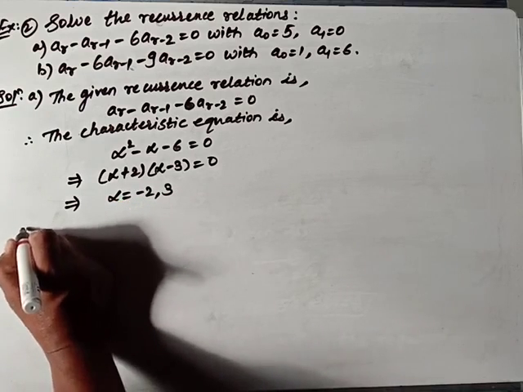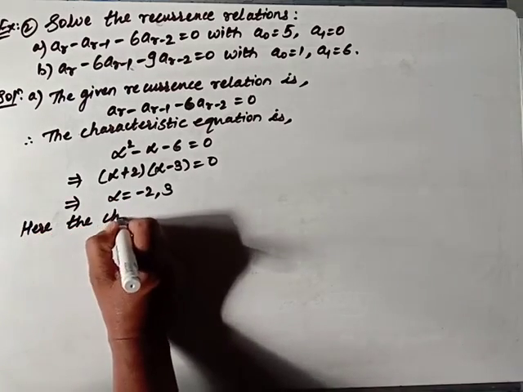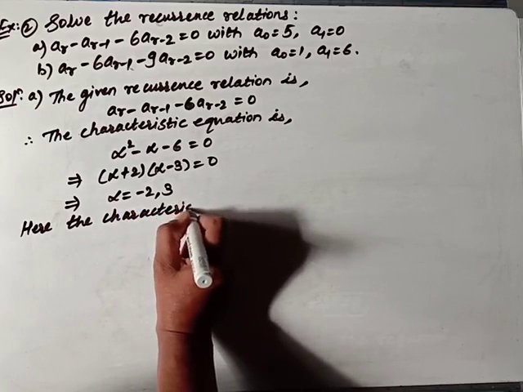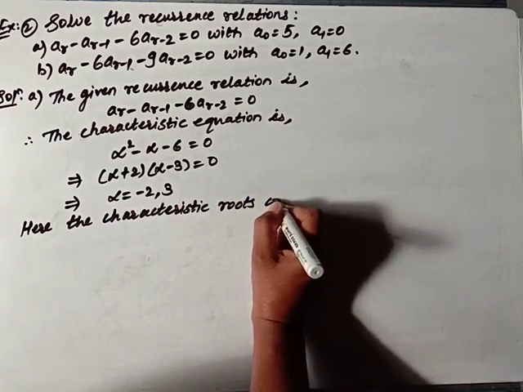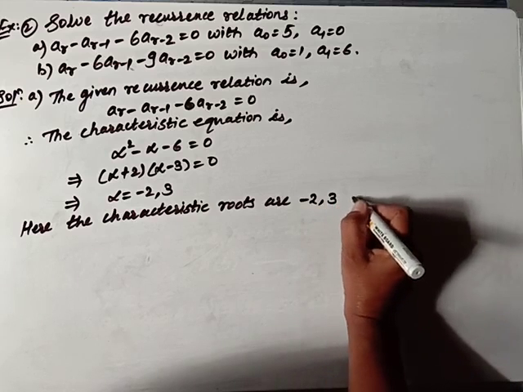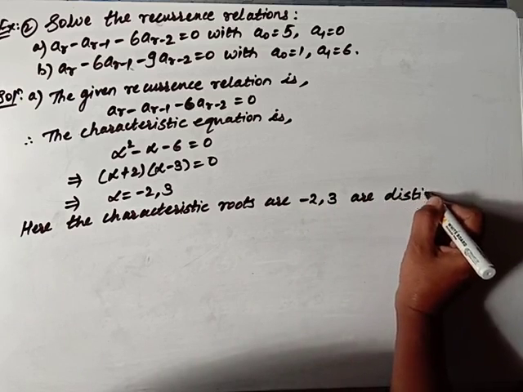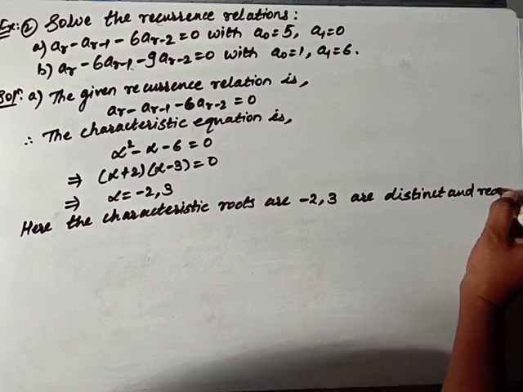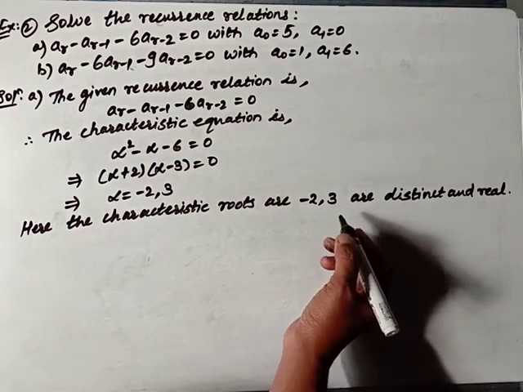So I can say here the characteristic roots are minus 2 and 3, which are real and distinct. So we can use case 1 here.